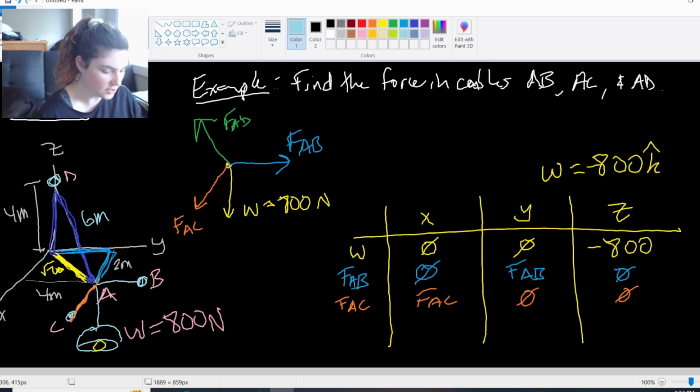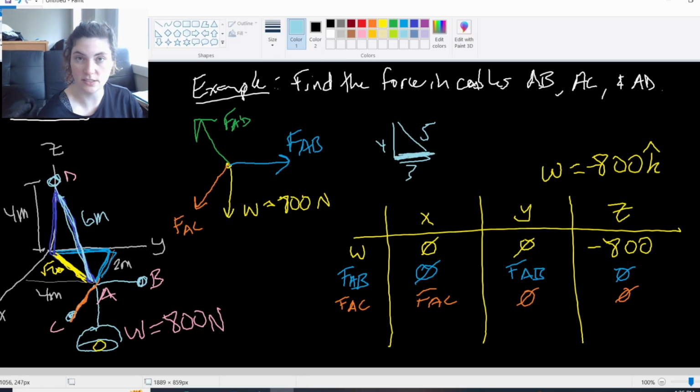And now I can see that it's already broken up into ratio triangles for me. I have this length here. So I can use these ratio triangles for the X, Y, and Z positioning. Just as we had done in 2D when you were given maybe like a 3, 4, 5 triangle, and you say, okay, well my X is 3, the X component over the 5, right?